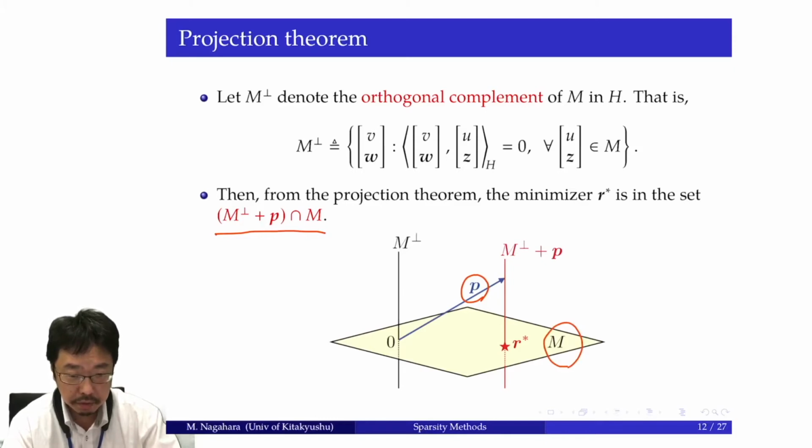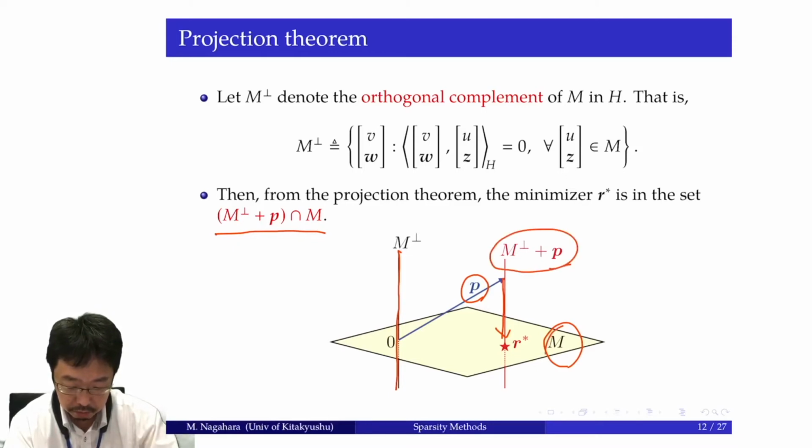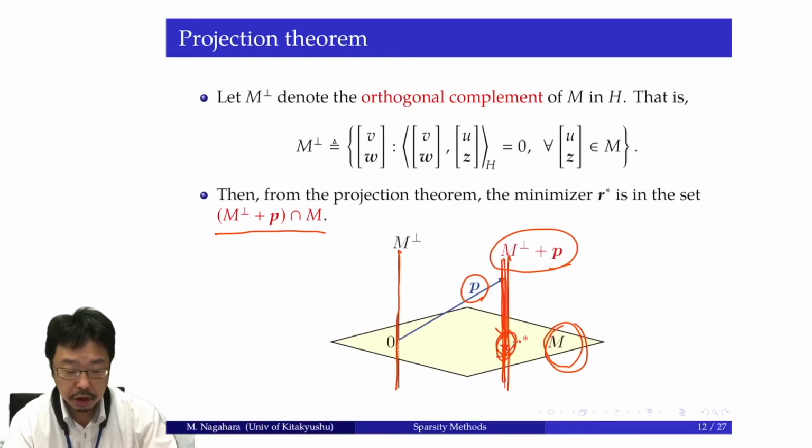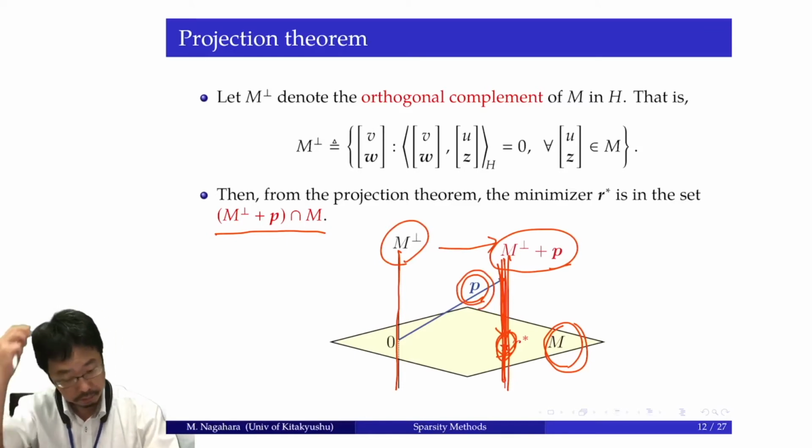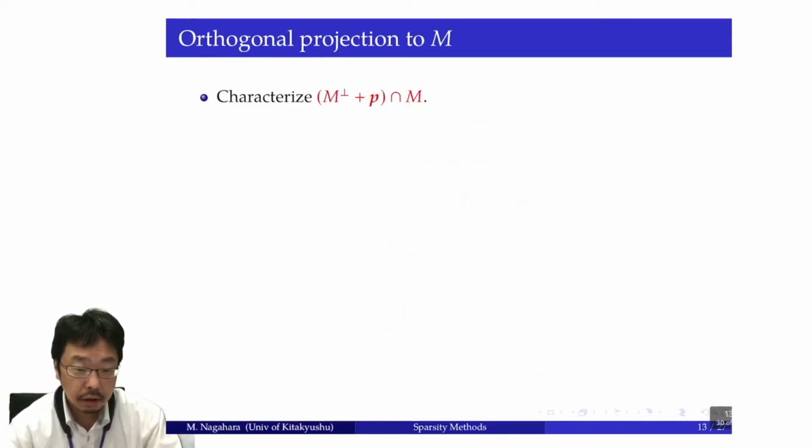M perp is another linear subspace of H, and the projection of p onto M is the intersection of M perp plus p and M. Here, M perp plus p is a parallel shift of M perp by the vector p. Let us characterize the set M perp plus p and M.